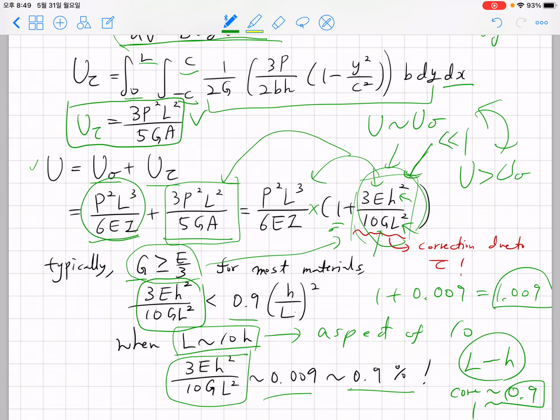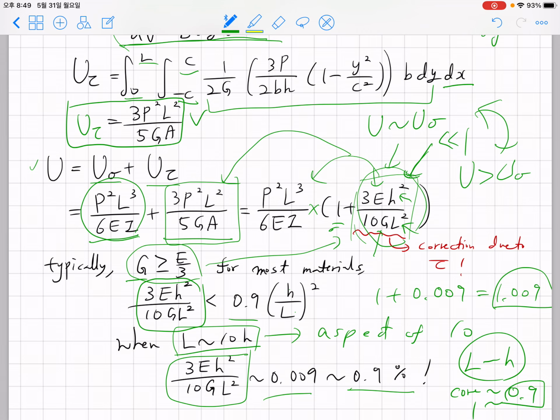When the aspect ratio is quite large, the contribution of shear stress is relatively small. When the aspect ratio is small, when L becomes similar to h, the contribution from shear stress becomes significant, and you cannot ignore the deflection due to shear force. This is the so-called Timoshenko beam theory, and it is beyond the scope of this course.